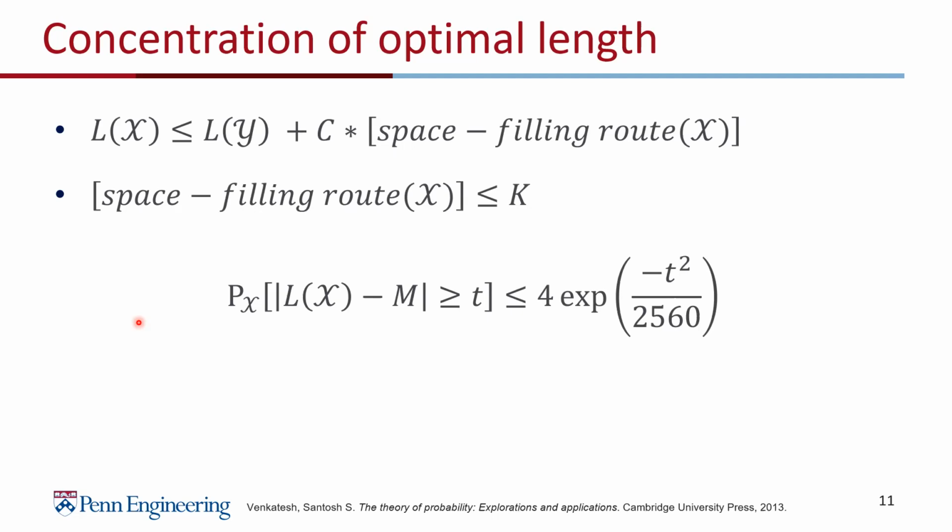You're using this as a tool to bound the length of the optimal route for any set of locations, using the space filling route for those same set of locations. Because the space filling route is somehow nice. It's just like an algorithm that you compare.